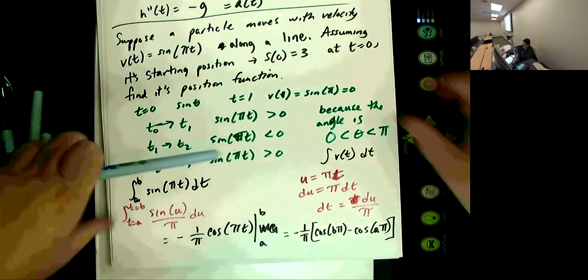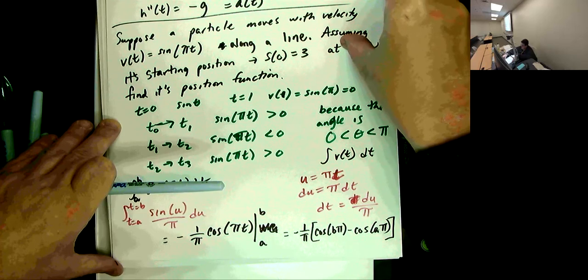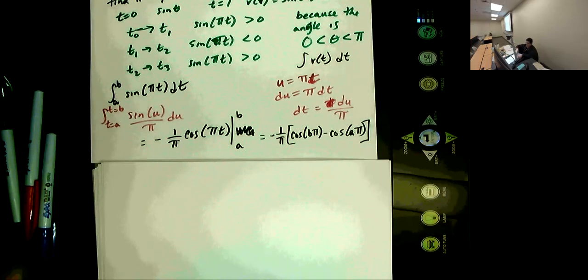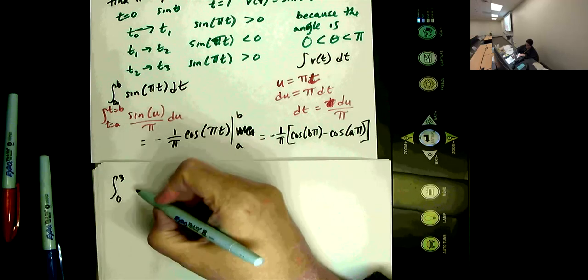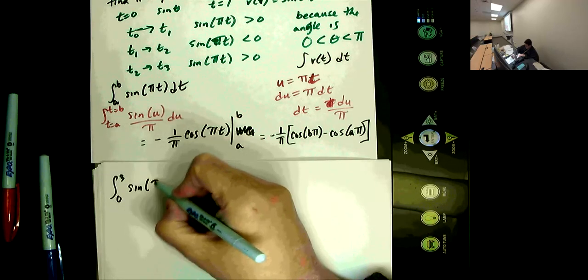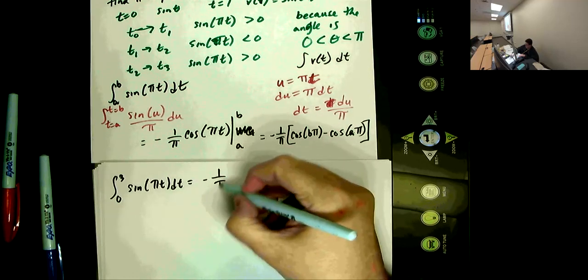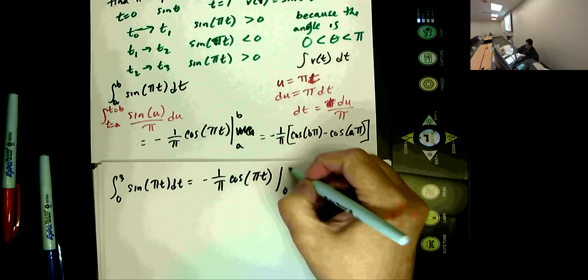Now, if we do this from 0 to 3, we're still going to get that negative 1 over pi cosine of pi t, but now we're going from 0 to 3.